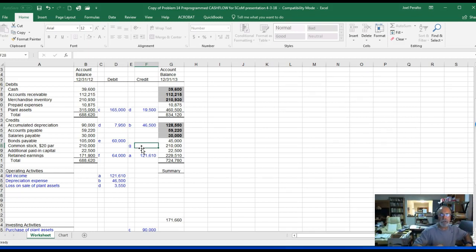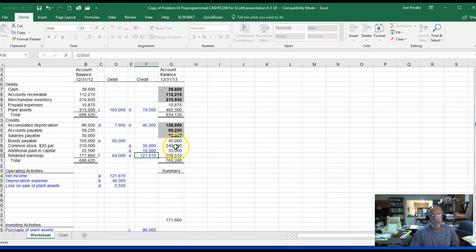So we would calculate that credit as 1,500 shares times $20 par, or $30,000, and the difference goes to the additional paid-in capital in excess of par. And so if the price was 27, par is 20, the additional paid-in capital amount is $7, and so 1,500 shares times $7 is $10,500.